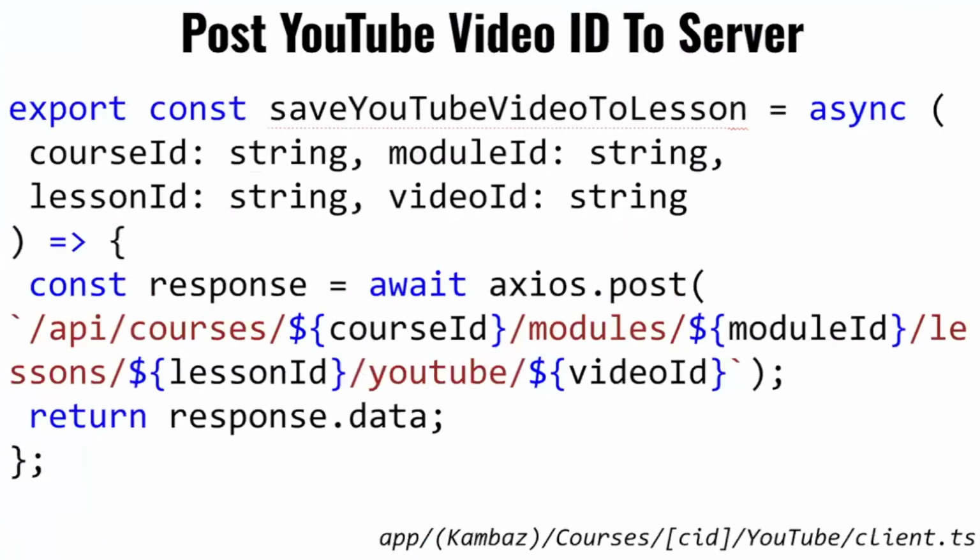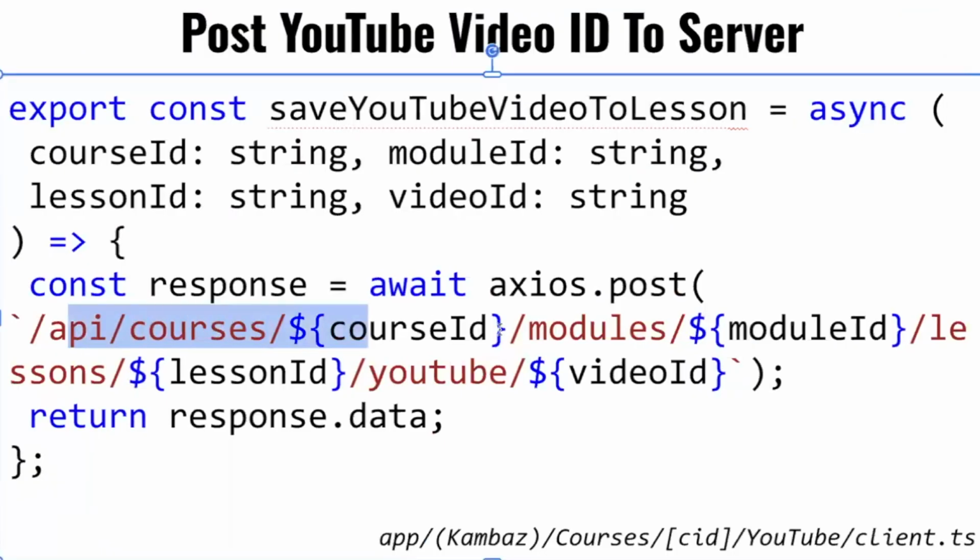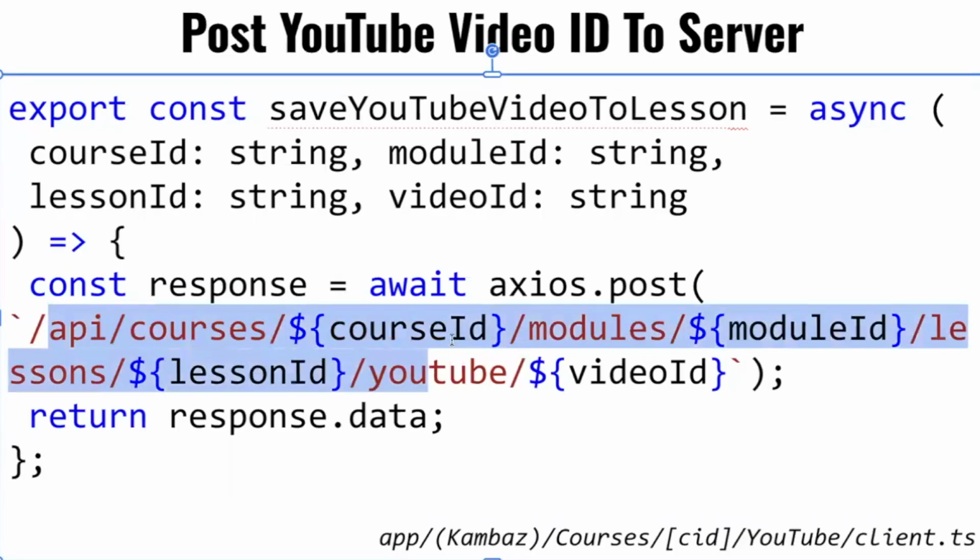Okay, so on the server, we're going to post to the server, and we're going to pass all this information. We're going to pass in, hey, I want to add the video ID to a lesson whose ID is this, to a module, to a course, right? So logically, these are all contained inside of each other. I first tell you the parent course, then within that course, I give you the ID of the module.